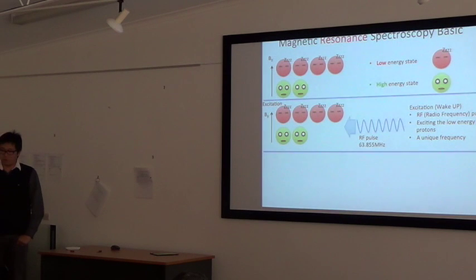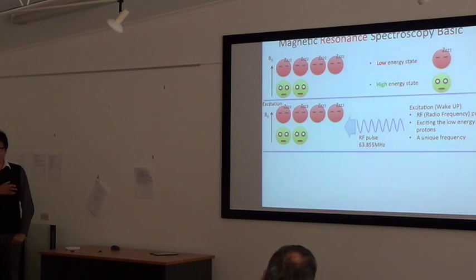So for example, if we put in a 1.5 Tesla scanner, if we want to wake up a proton, we need to give it an alpha pulse of 63.855 megahertz, and only this frequency will work. So it's like a resonance, others won't work. So we have to carefully select this radio frequency so we can excite the protons we want. And we give it the excitation, and some people wake up.